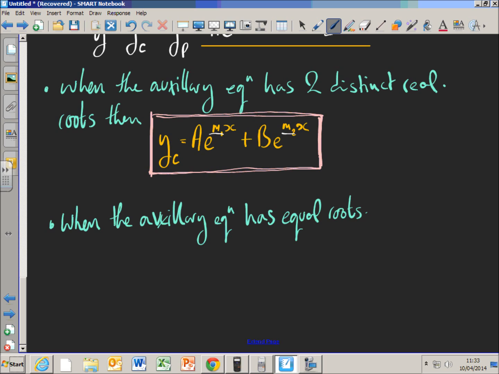They'll have an a and b, but I can just add them together and turn them into one thing. So that's no good. So we have a slightly different form.